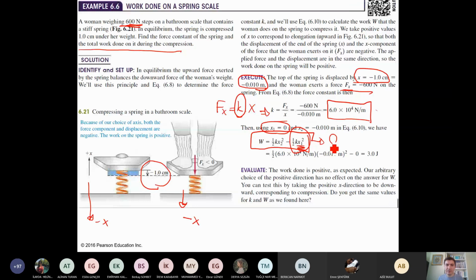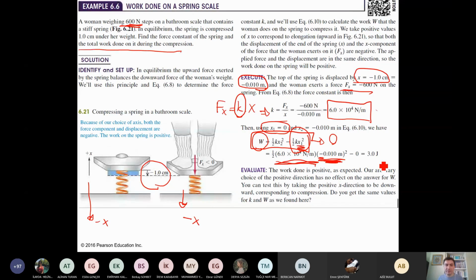And the work done by the woman on this spring is given with this expression, 1/2 times the force constant of the spring, and here we have the displacement, the final position, -0.01 meters squared. If you take the square of this, the minus sign will be positive, and the result is 3 joule.